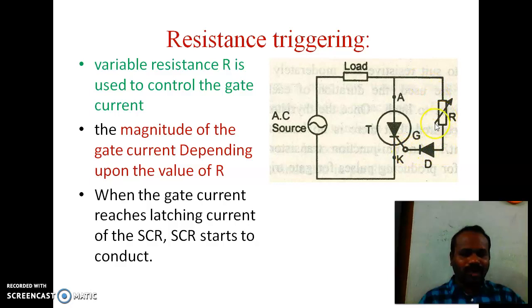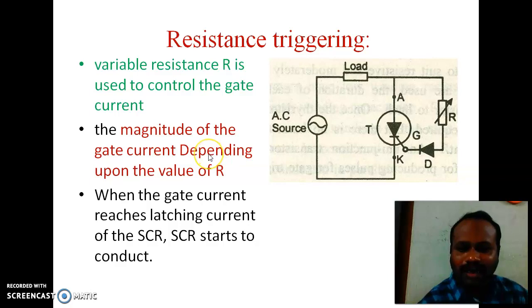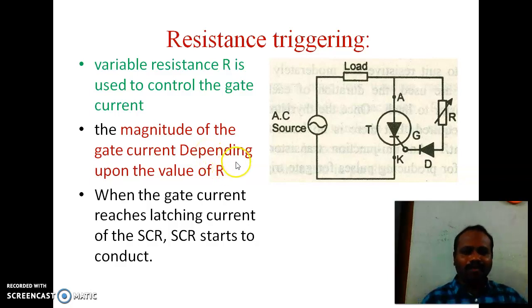If we vary the value of this resistance, it will control the gate current. The magnitude of the gate current depends upon the value of R, because the gate current flows through the variable resistance. When the gate current reaches the value equal to the latching current of the SCR, then the SCR starts its conduction.